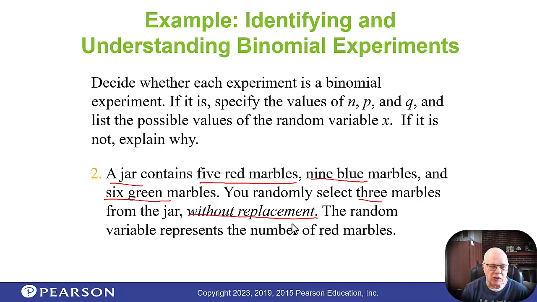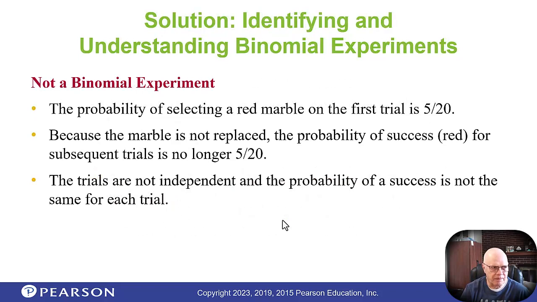Now, I'll give you a tip before you hit the pause button. If you're interested in the red marbles and you pull out a marble, each marble means either it's red or it's not. Just a little tip. But it's not a binomial experiment.